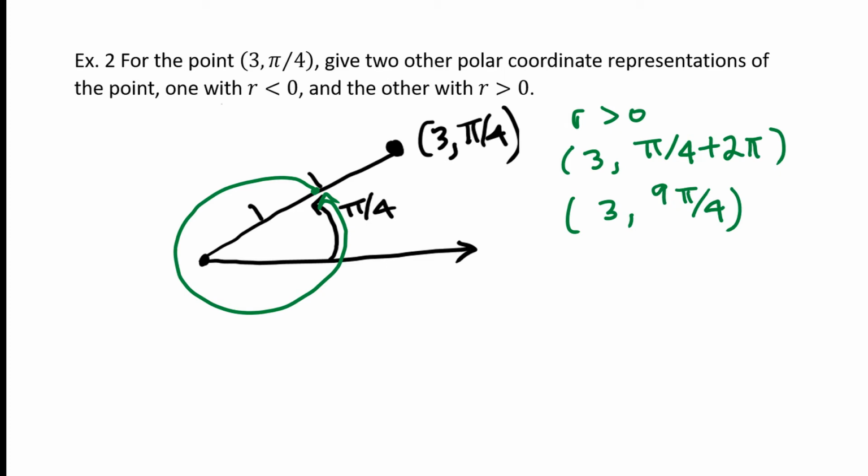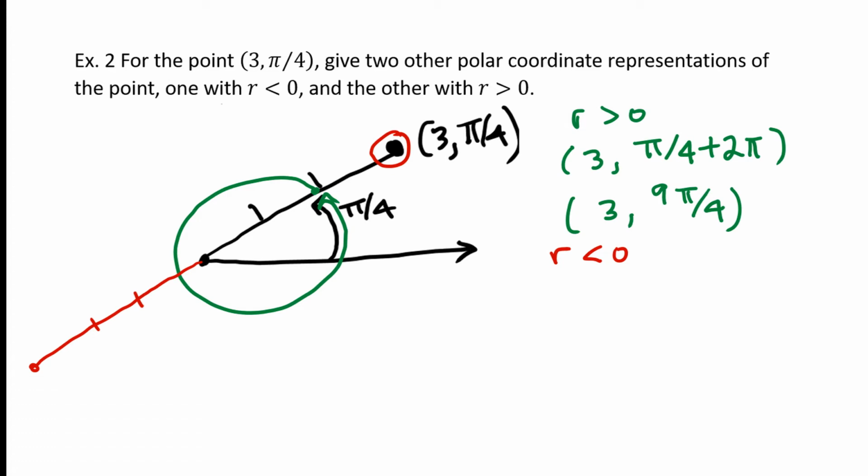Now, for the requirement that the radius is negative, I'll begin by drawing a negative radius of 3 that is going back 3 units. And remember, we still want to end up at the same point, we want the same terminal side that we got with (3, pi over 4).